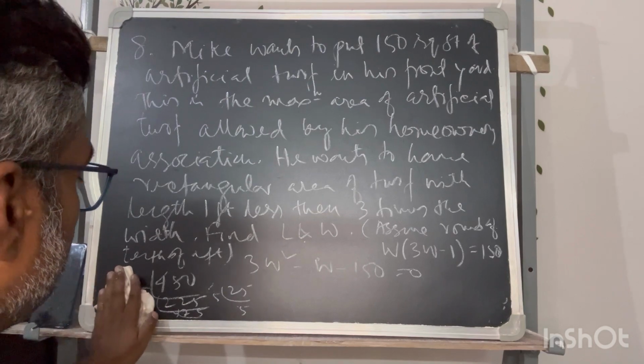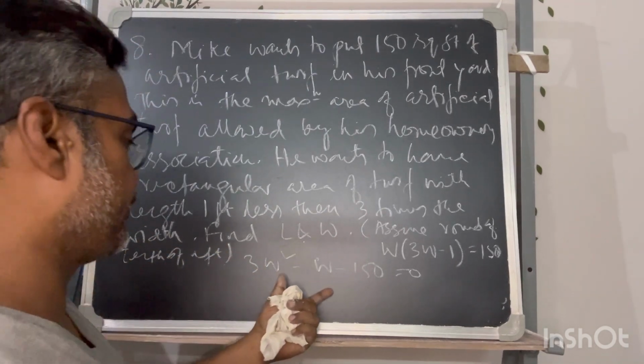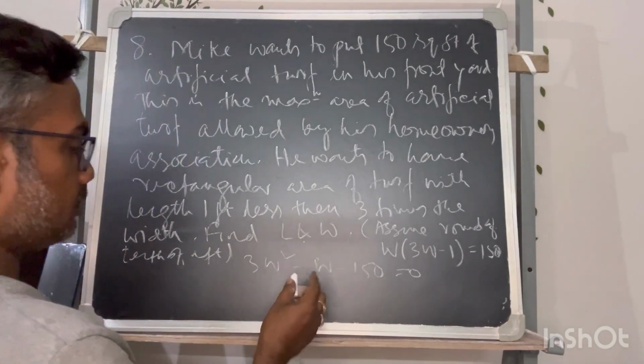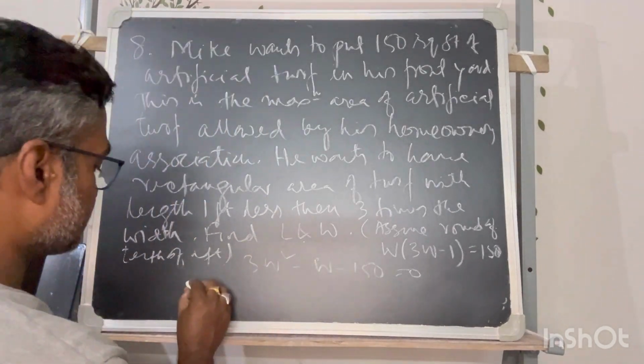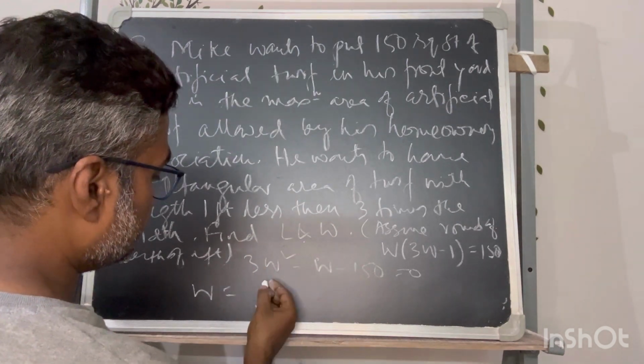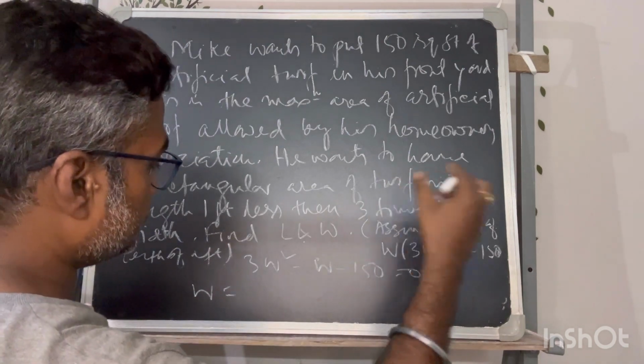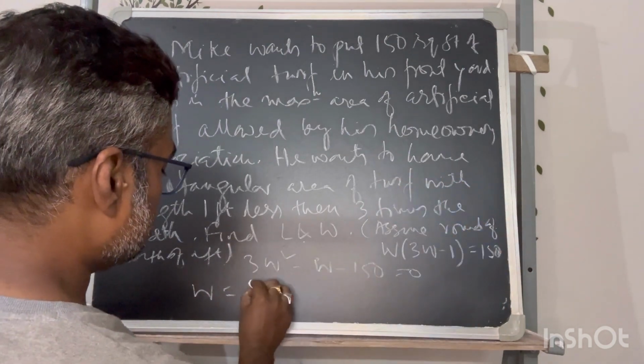So it won't come as a perfect integer, which means the factor would not be a perfect integer. Let me then go for that direct method. It will be easier because you have to take a decimal approximation. So in this case it will be better.